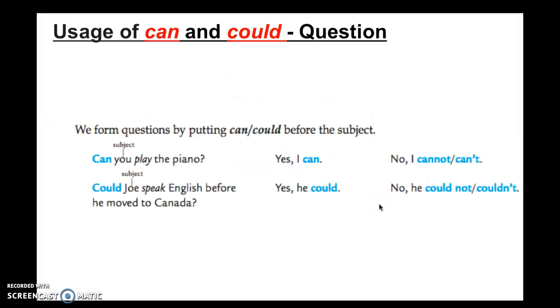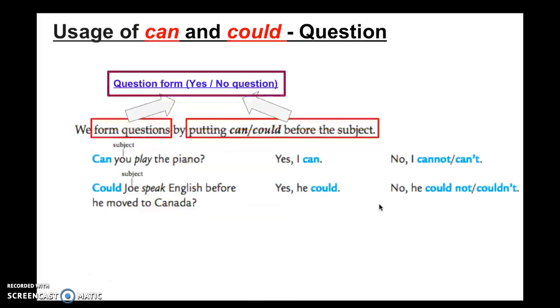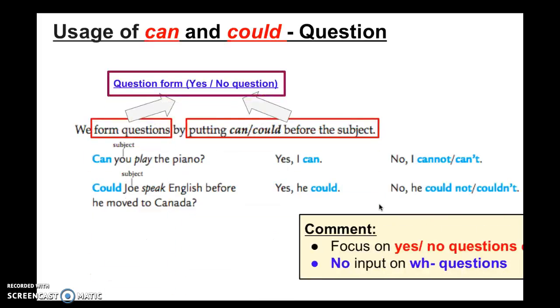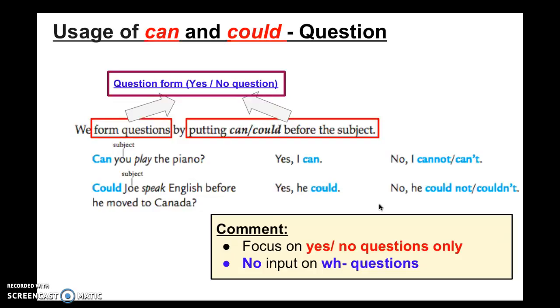Other than the definition and the negative form, it also brings up the use in questions in the textbook. It mentioned how people can ask others about their ability in the form of questions, targeting yes or no questions. But there are only yes or no questions, and we couldn't find anything related to WH questions.